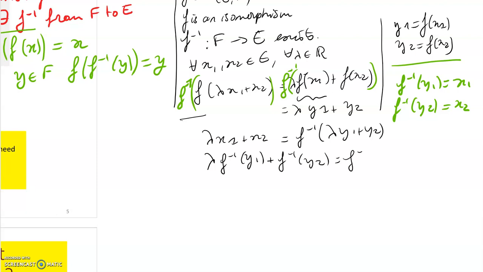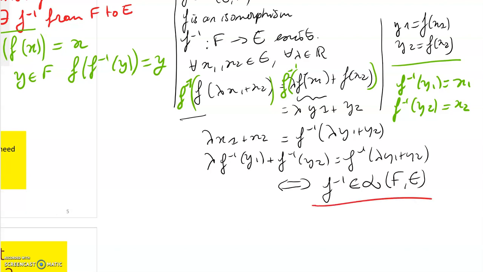This is equal to f^-1 of lambda y1 plus y2. And this is it. We just proved that f^-1 was a linear map from F to E. Indeed, because f^-1 applied to any linear combination of elements of F, this one, is giving me the linear combination of the images.